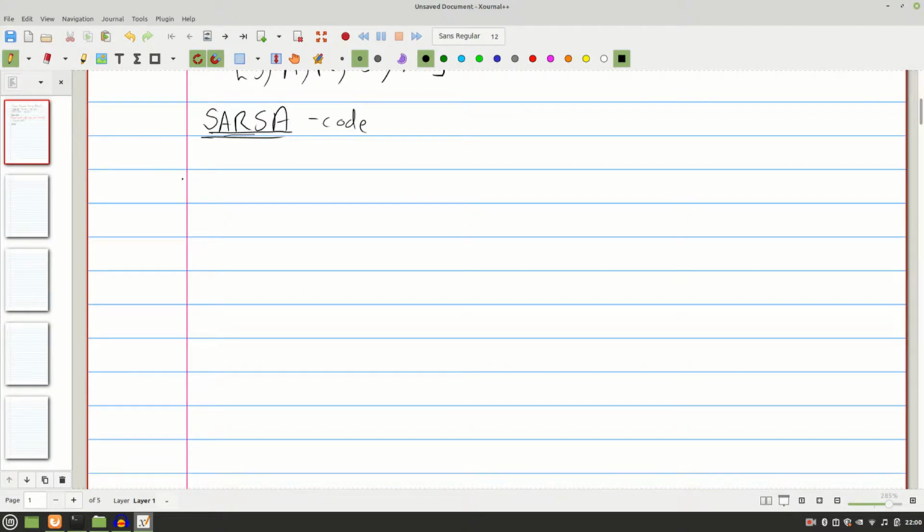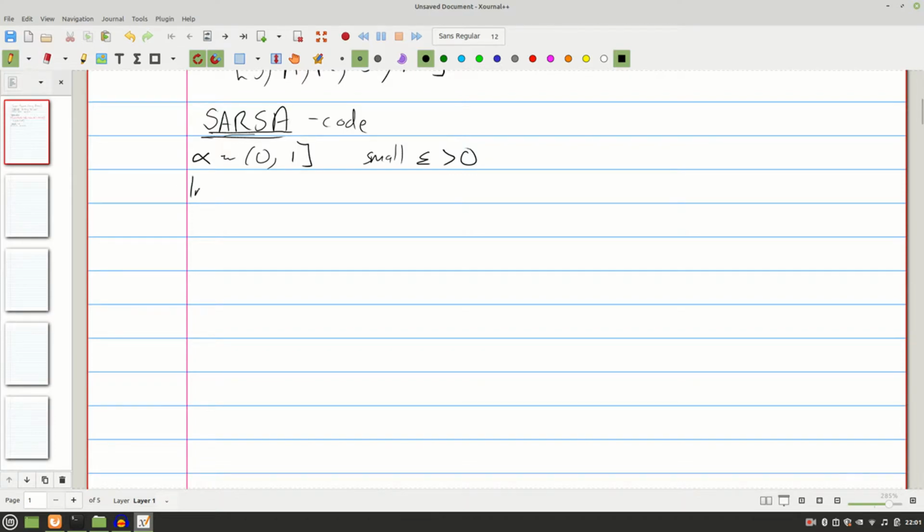So how do we start this? First things first, we need to set up some parameters, so we need to do some initial setup. We set alpha, which should be between 0 and 1, as all learning rates should be. And we set a small epsilon that should be greater than 0. This epsilon is if you're implementing an epsilon greedy policy, for example. So you should know what this is by now.